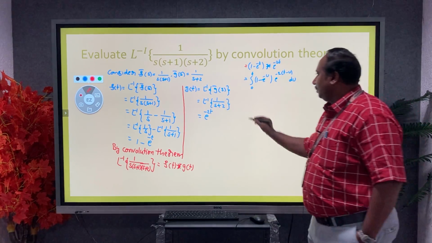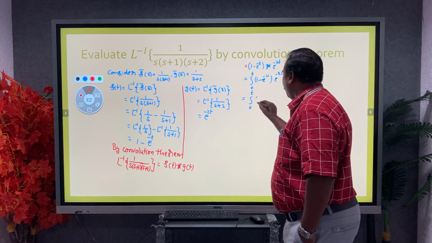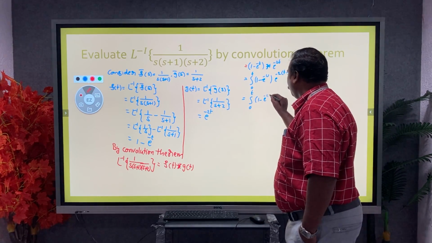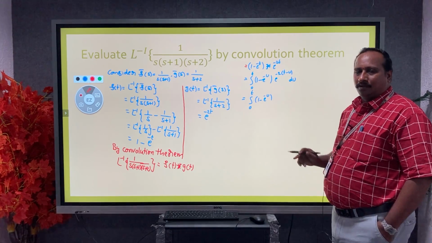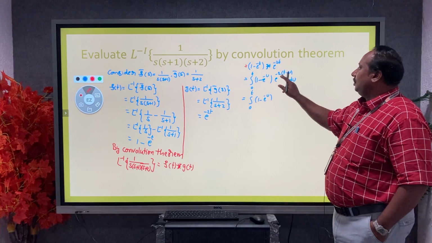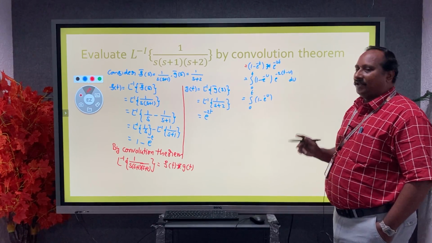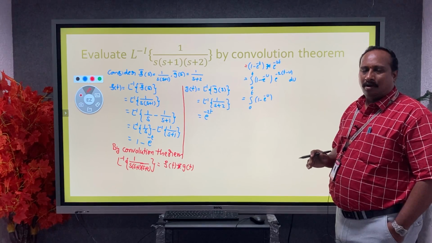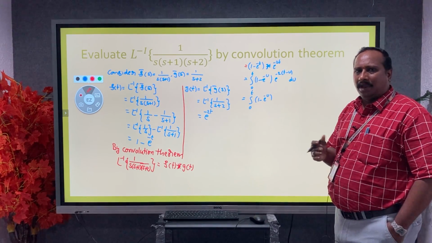Okay. Then integral 0 to t 1 minus e power minus u into e power minus 2 into t minus u. When we multiply with minus 2, we get minus 2t plus 2u. So it is of the form a power m plus n. So already we know that a power m plus n can be written as a power m into a power n.